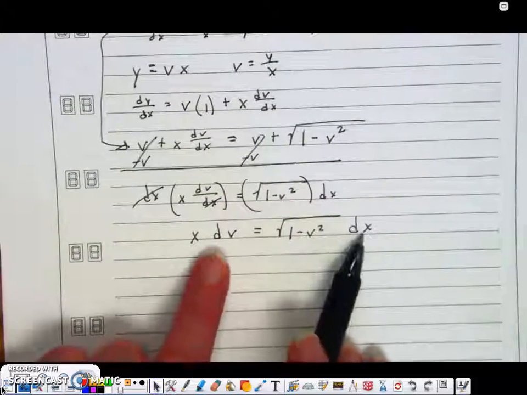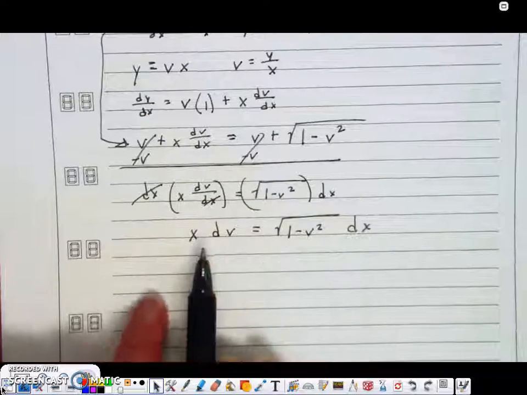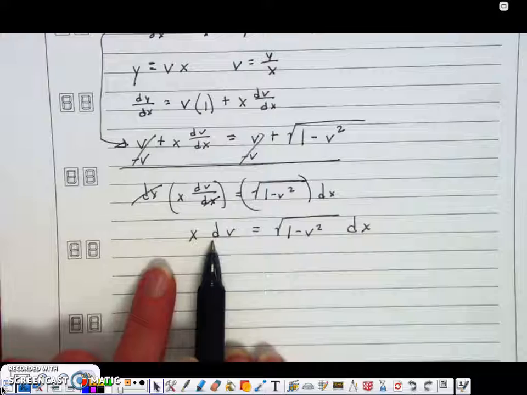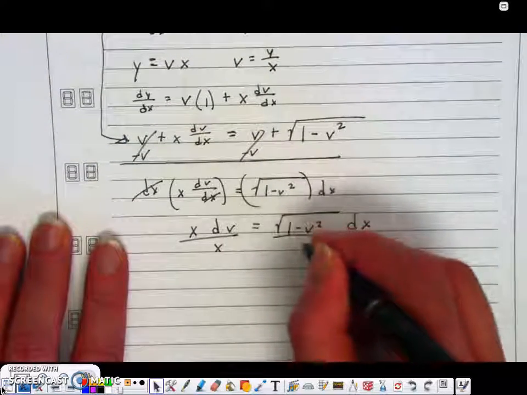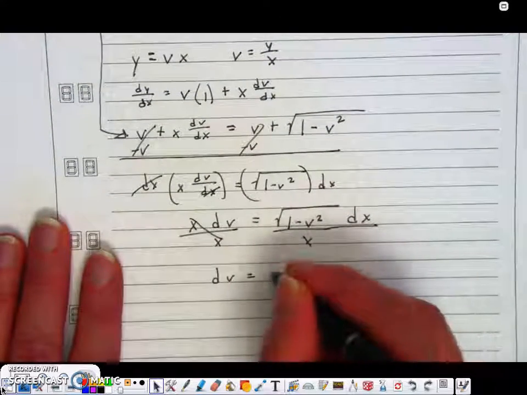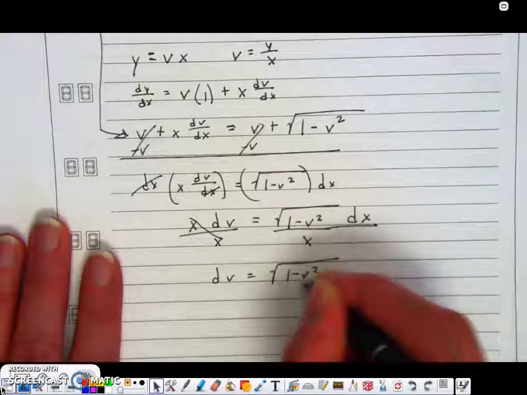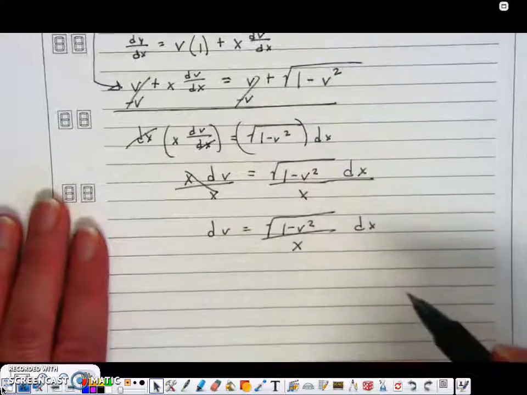Okay, so now these are kind of set in stone. The v's have to be on this side and the x's have to be on that side. Well, if I want the x's on this side, I'm going to need to divide by x. Okay, so I'm going to do that one step here. Okay, so now I've got dv equals the square root of 1 minus v squared over x dx. Okay, this guy has to move over here with the v's.